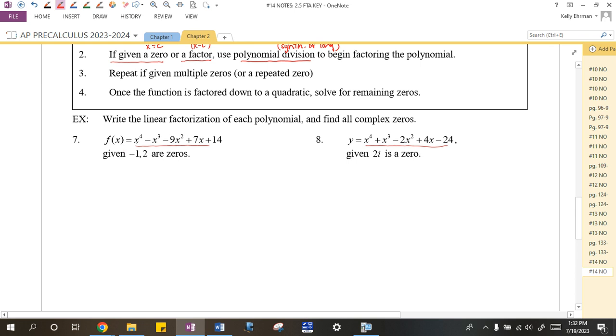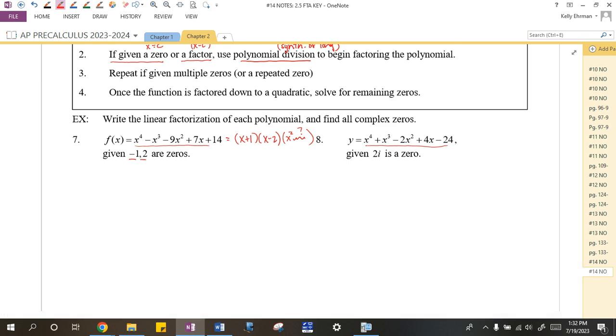F of x is something degree 4. We're given that negative 1 and 2 are zeros of the function. So that means that even though I don't know how this factors right now, I know that x plus 1 must be a factor, and x minus 2 must be a factor. And then there's some other quadratic to figure out to make this x to the 4th. So this is where we can use polynomial division.